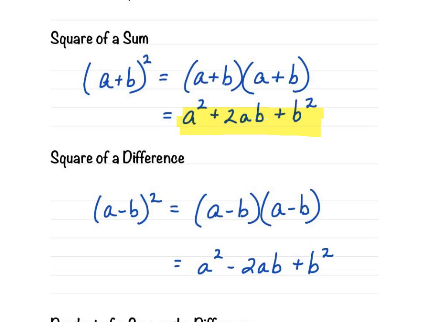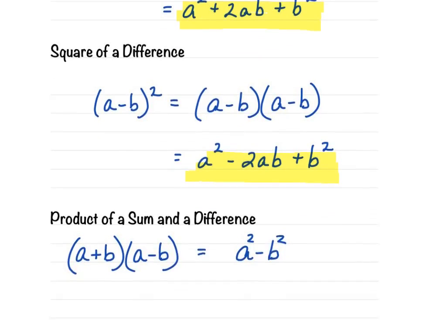It's the first term a squared minus the product of the 2 terms a times b doubled, 2 times ab, plus the second term squared. And again, when you have the square of a difference, you will not use FOIL or distributive property to multiply. You will simply follow this pattern that you will memorize.